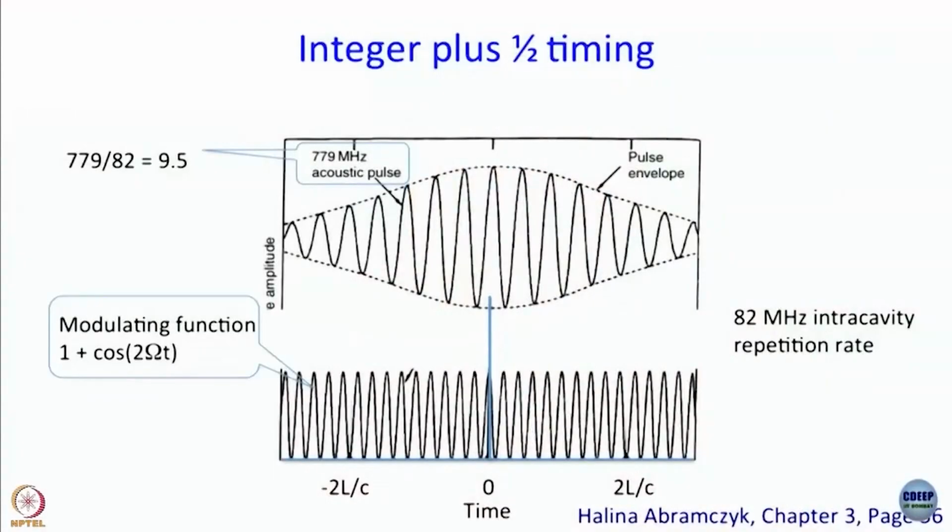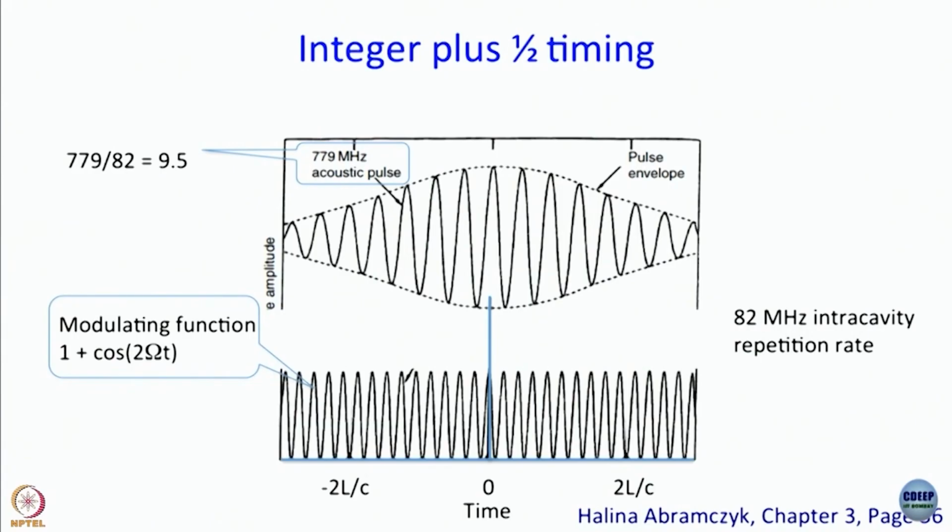At the end of the day it comes down to turning some knobs for the user, but this is what goes on inside. All right. So, this is how one can produce a cavity dumped output of an already mode locked laser.